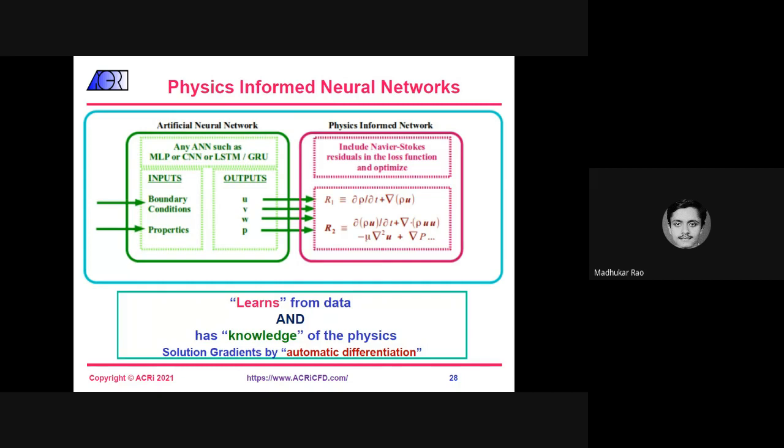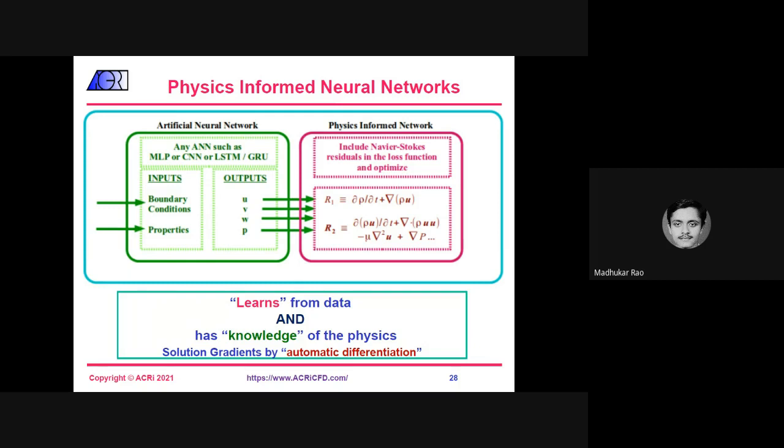So now you have two ways of training the network. You can either train it purely on the governing equations, or if you already have some data from measurements and experiments, you can add that into the mix. And if you have some data from high-fidelity CFD simulations like LES, DNS, and so on, or even RANS, but mesh-independent RANS solutions, that also can be thrown into the mix.